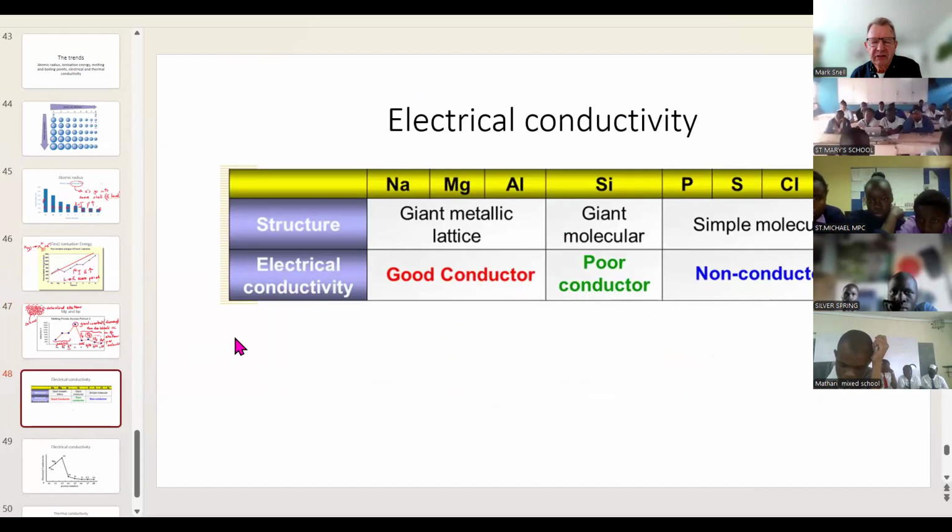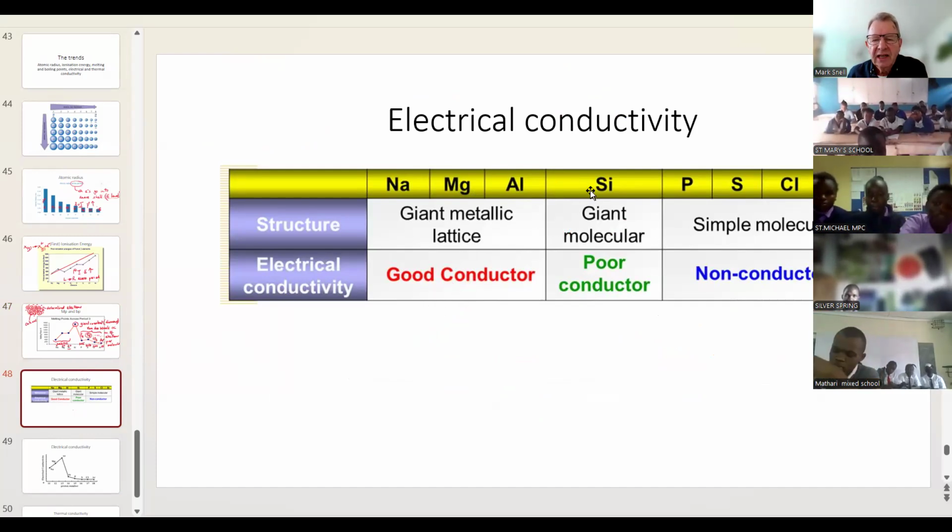The next one is about electrical conductivity. The metals all conduct, obviously, and they're good conductors. They're not the best conductors. The best conductors are things like gold, but they're not bad. And they are good conductors because they have delocalized electrons. Silicon is a poor conductor, but it is a conductor.